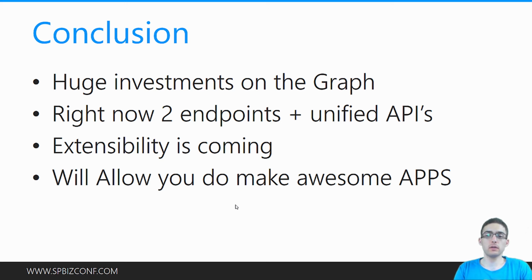That's really new. That's not a lot of data, and a lot of things will be coming to these endpoints soon, so stay tuned. And also, we don't have extensibility yet, but it's coming pretty soon, I guess. It will allow you to make awesome apps and to think about the way you build apps in a new way.